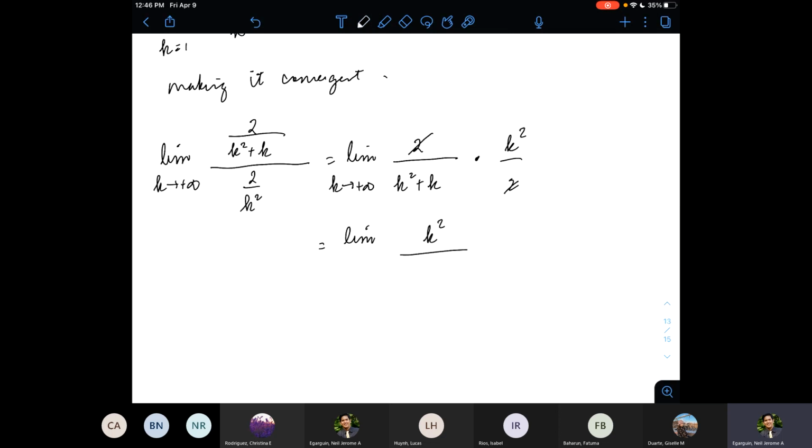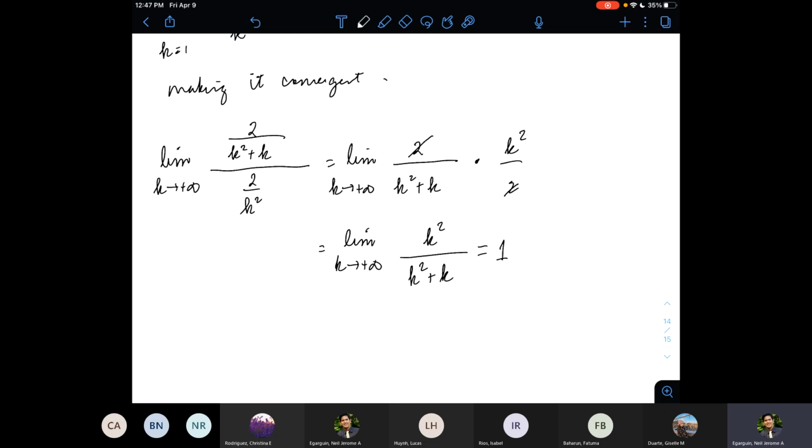Okay. So here, just to complete the solution, I can cancel the 2's. So we'll have k squared over k squared plus k as k goes to infinity. And now I can do what Christina suggested earlier, or what she was asking about earlier. The highest power on top is 2, the highest power in the bottom is 2. So all we need to do is divide their leading coefficients, which are both 1. So the limit is equal to 1, which again we expected because that's how we designed the testing series.